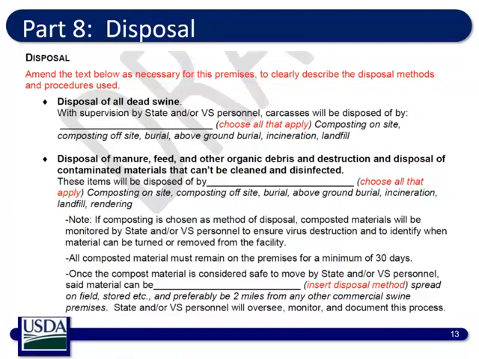So we listed some different options to think about: composting on-site, off-site, burial, above-ground burial, incineration, and landfill. I think rendering is also an option that farms could think about. And again, it's all going to be site-specific and what can be done in that premise and in that state.